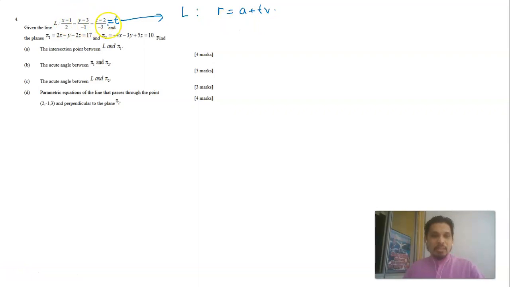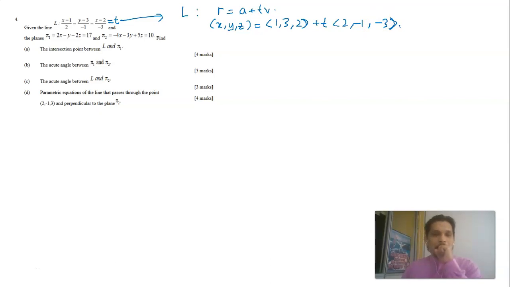Every single term that we see here is also actually equal to t, so change into this form: 2t, negative 1t, and negative 3t. So it's going to give you (x, y, z) equal to a, which is (1, 3, 2), plus t v here, which is (2, negative 1, negative 3).